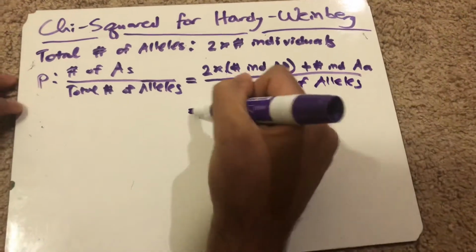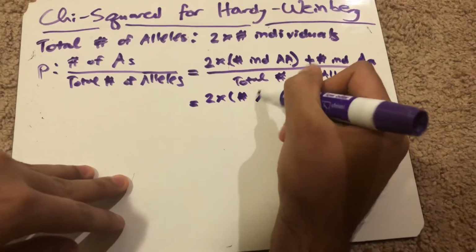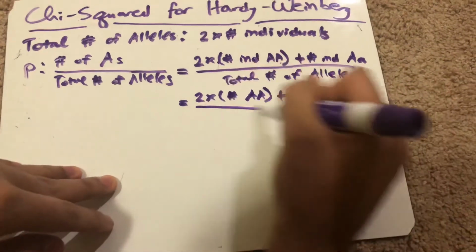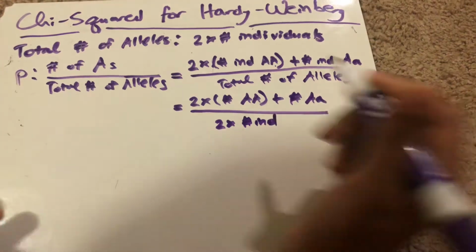And that's equal to, if you apply this formula, 2 times the number of AA plus the number of big A, little a, over 2 times the number of individuals. Okay?